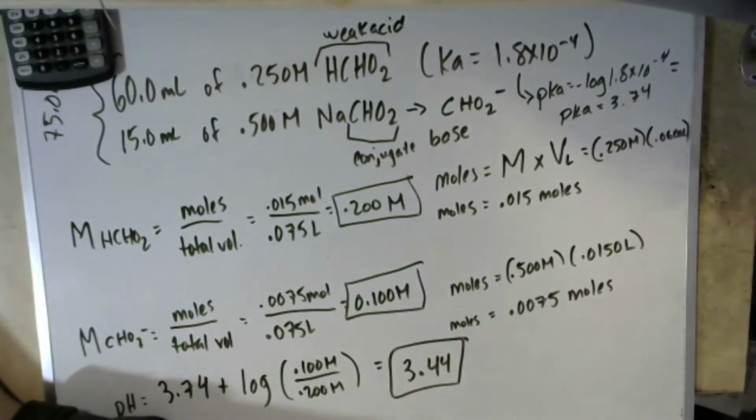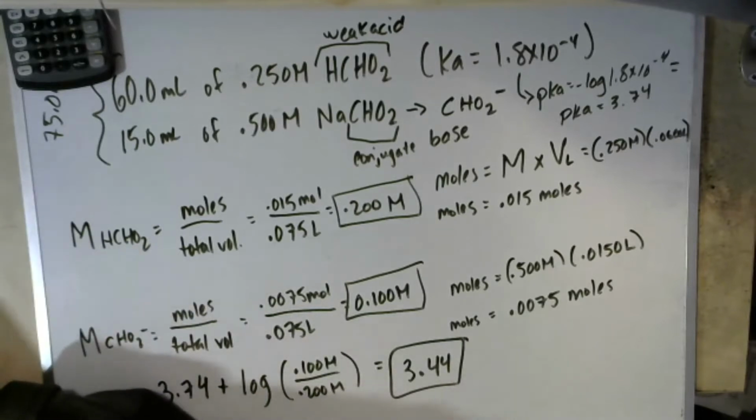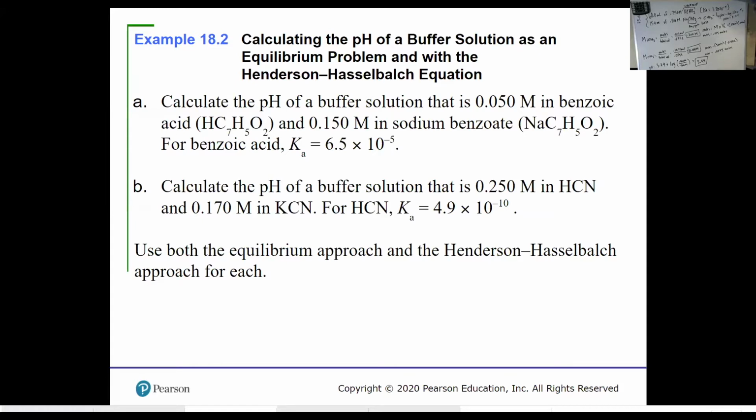Let's look at another set of examples. The next set is some more buffer calculations, and they're asking that we use both approaches to solve for the pH, the equilibrium approach and the Henderson-Hasselbalch approach.